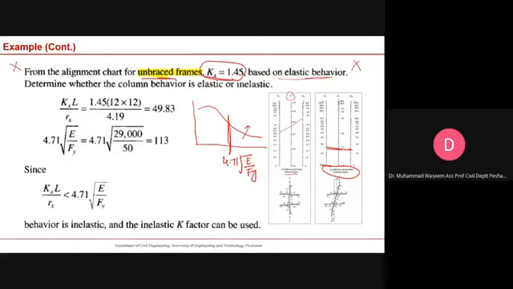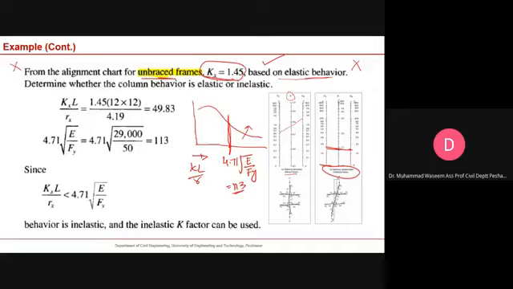Okay, this is elastic. This is KL by r. If KL by r, and this value is about 113 for this case, if the KL by r value is greater than 113, it means your column is elastic, and this approach is okay. You do not have to calculate the star values.